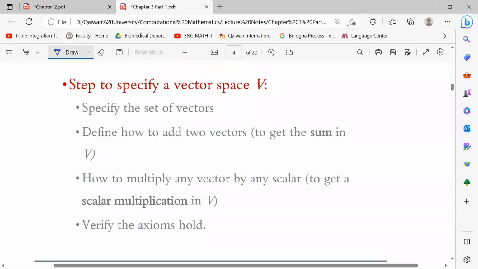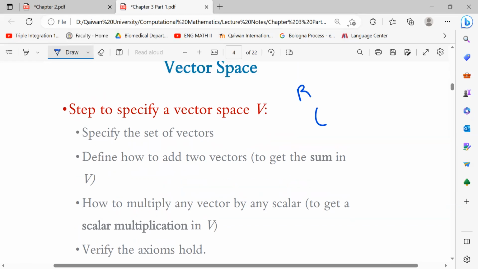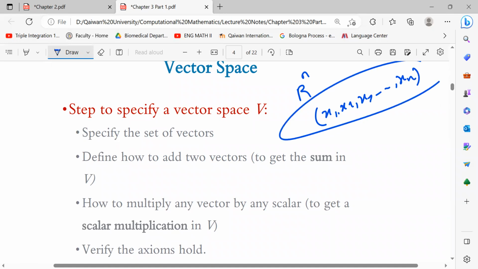Look, in some examples, if it is not known, for example, if it says in Rn, it's known. You know, it is n-tuples. The elements in Rn are x1, x2, x3, up to xn. You know that.